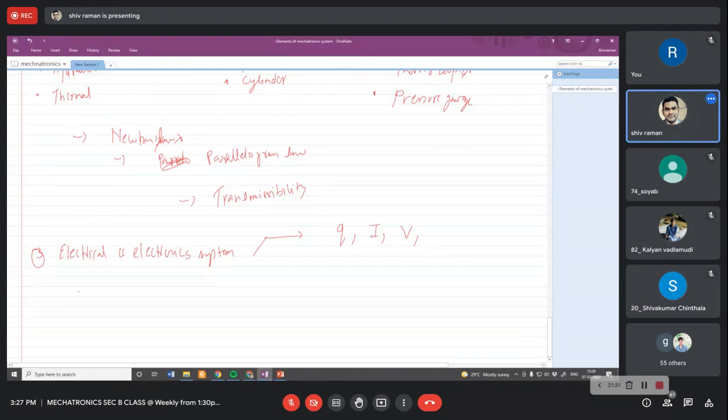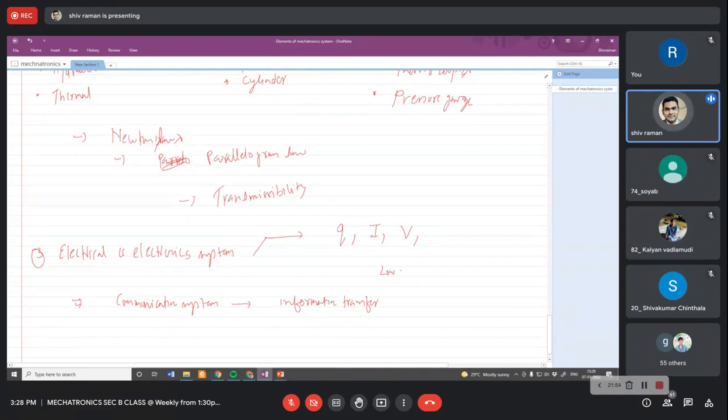If you talk about the electrical system in mechatronics, you have two types of systems. One is the communication system, which is used for information transfer, in terms of transmitting the signal.